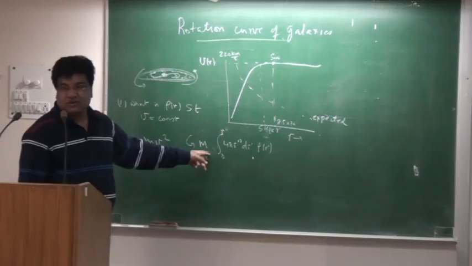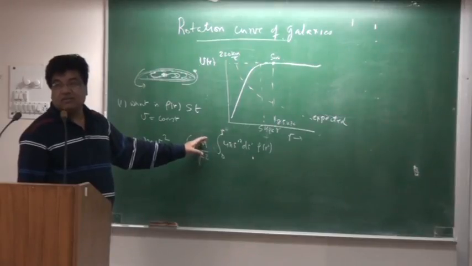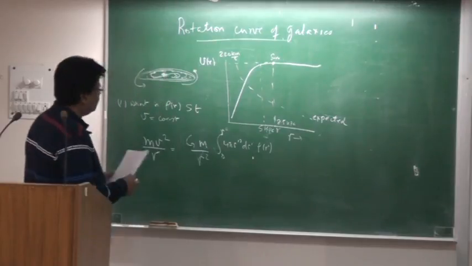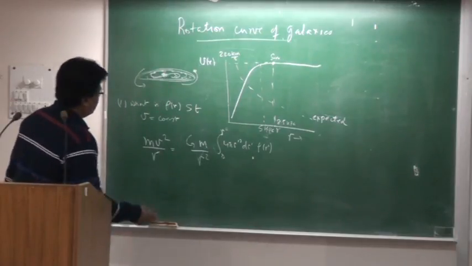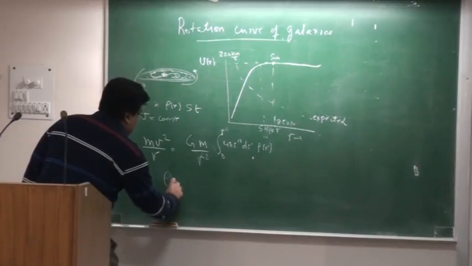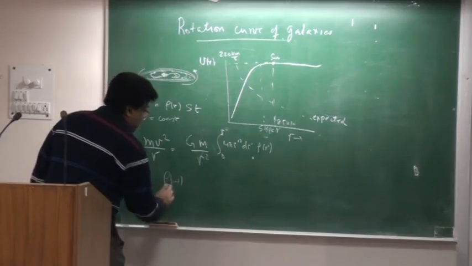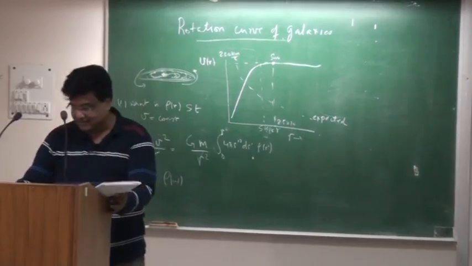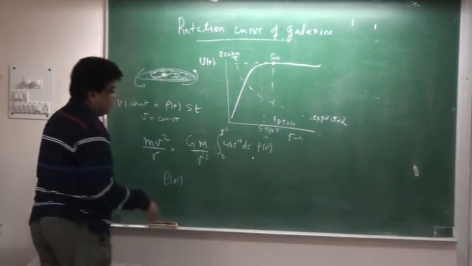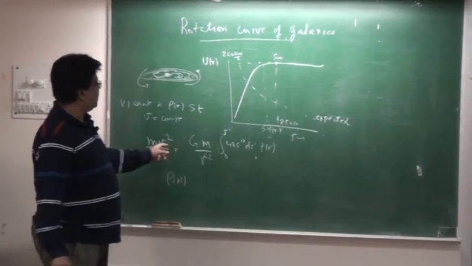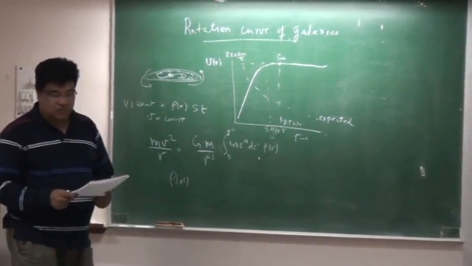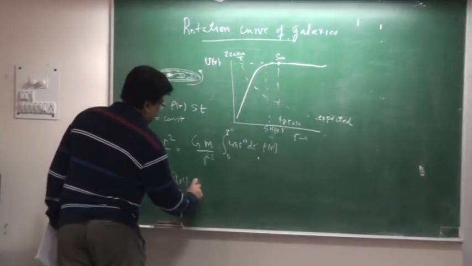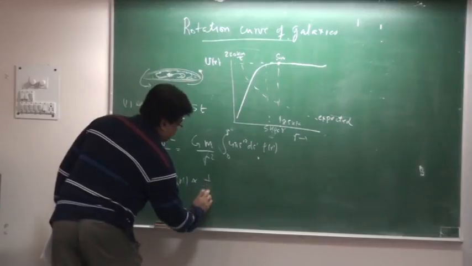Is this so clear? Everybody? So what would be rho of r prime as a function of r to give you v, which is a constant? Any guess? So this would be something proportional to 1 by r prime square.